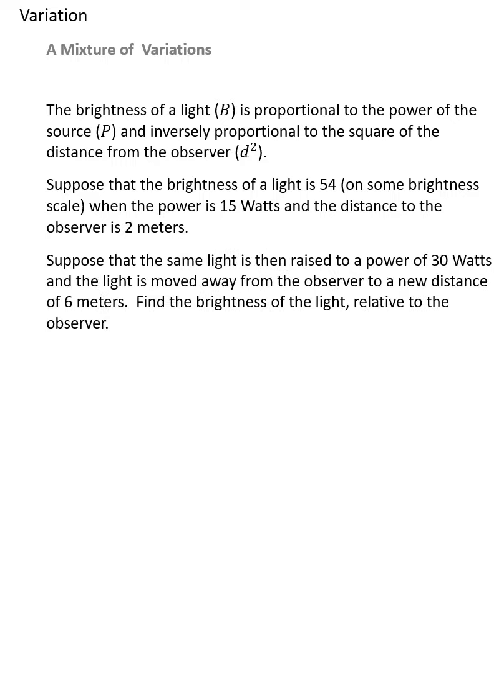Now suppose that same light is then raised in power to 30 watts, but it's moved further away. It's now 6 meters away from the observer. And we want to find the brightness of the light now compared to where the observer is relative to its old position.